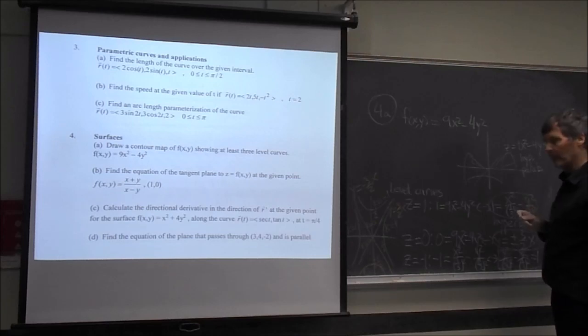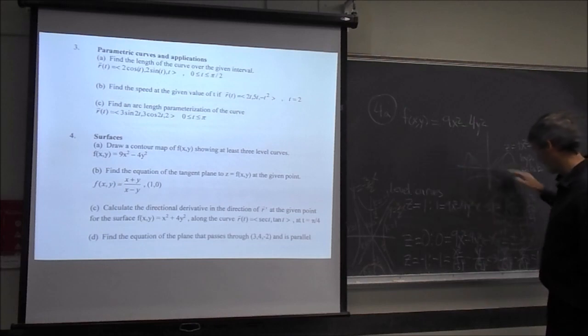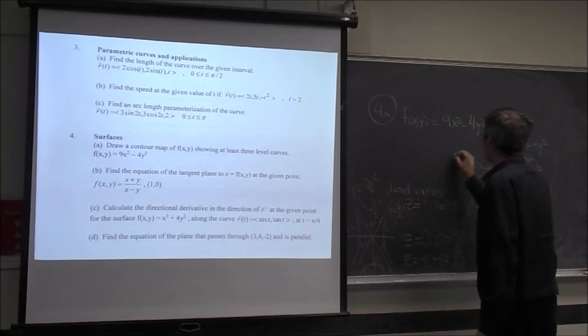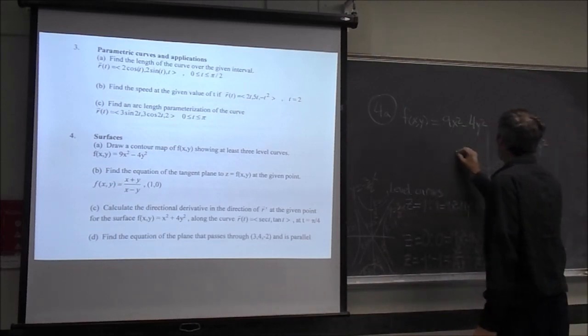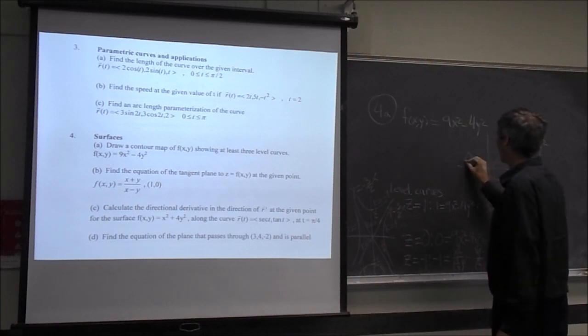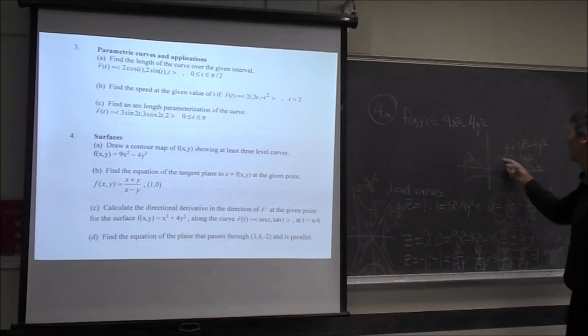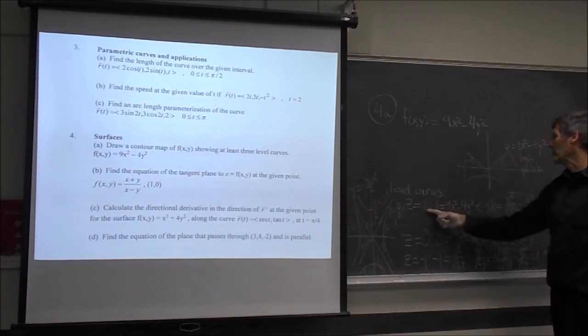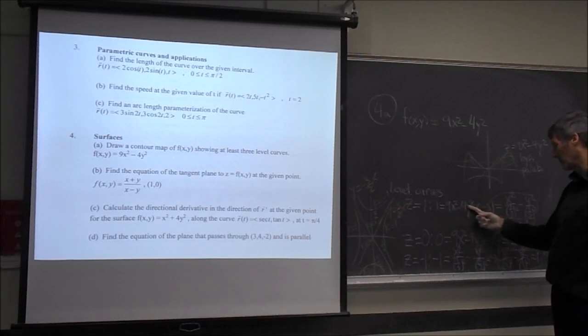Now what we really wanted was level curves. In other words, suppose I intersect this with a horizontal plane. It looks like I'm going to intersect this in some sort of a hyperbola with these two branches. And sure enough, if I put z equals 1 in the equation here, I get 1 equals 9x squared minus 4y squared.